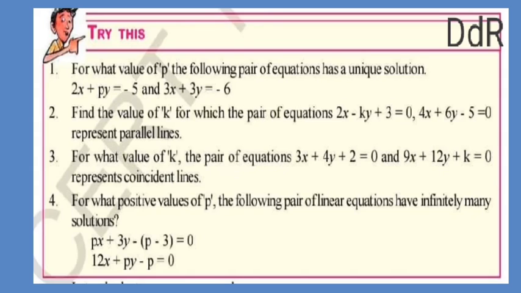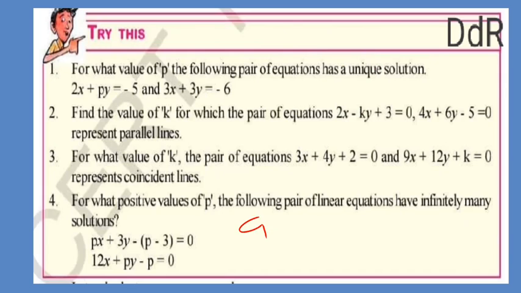Okay children, a total of 4 problems are completed. The first question: for what value of p does the following pair of equations have a unique solution? The unique solution condition is a1 by a2 is not equal to b1 by b2. Second question: find the value of k for which the pair of equations represent parallel lines.